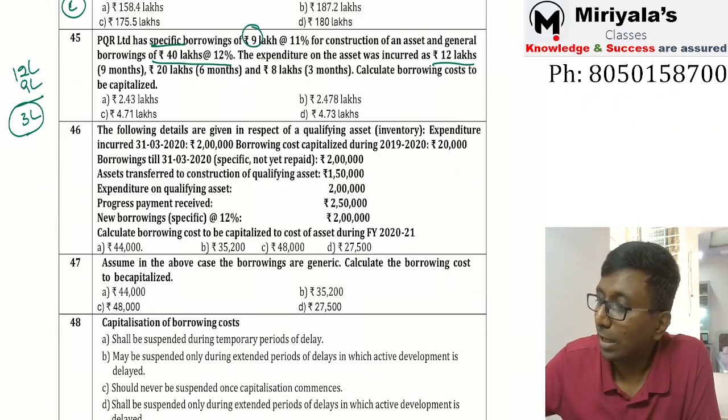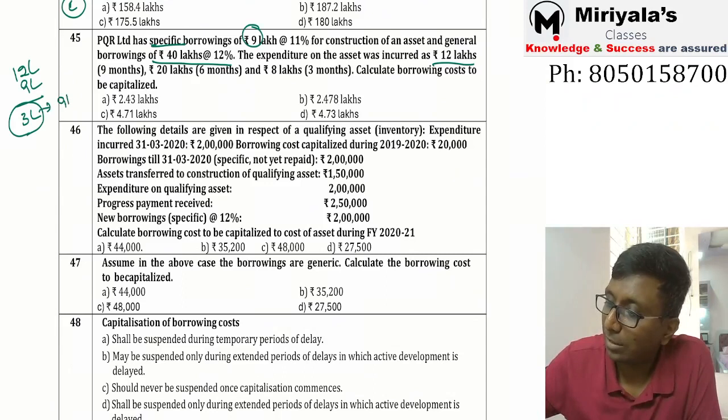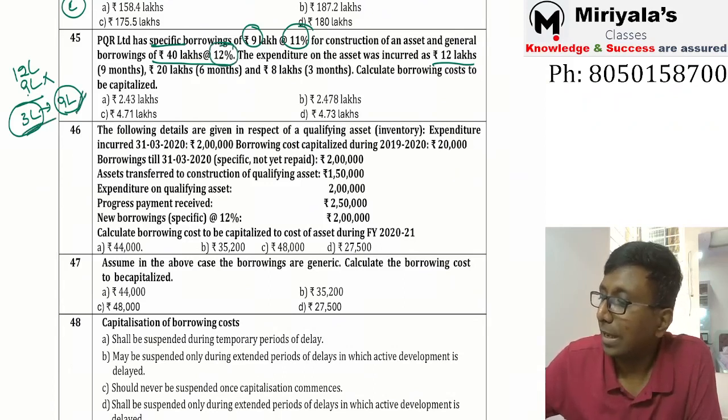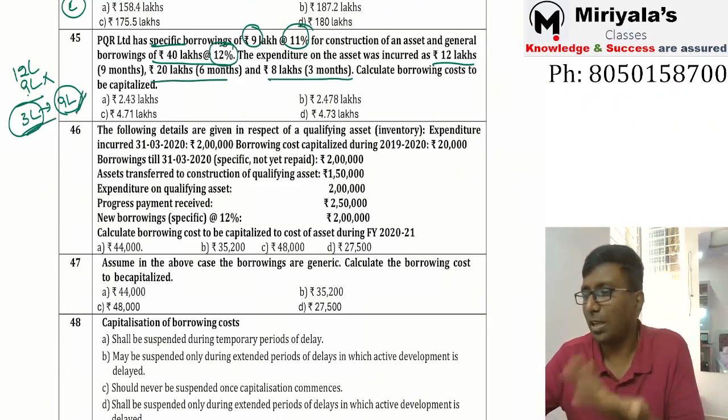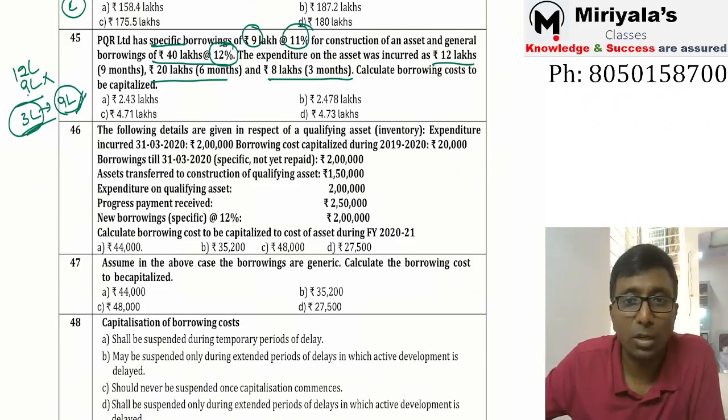The 12 lakh was for 9 months. On the 9 lakh, 11% you have to apply. On the 3 lakh, 12% general borrowing you are supposed to apply. Then 20 lakh rupees for 6 months, and 8 lakh rupees for 3 months. A simple calculation you are supposed to apply.